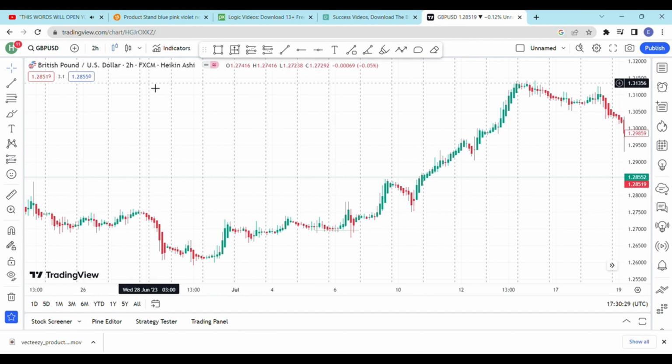A fair value gap can be used to understand the narrative of how a gap is created, as price makes a large candle in its movement. The large range fair value gap can be used as an entry or as a target.